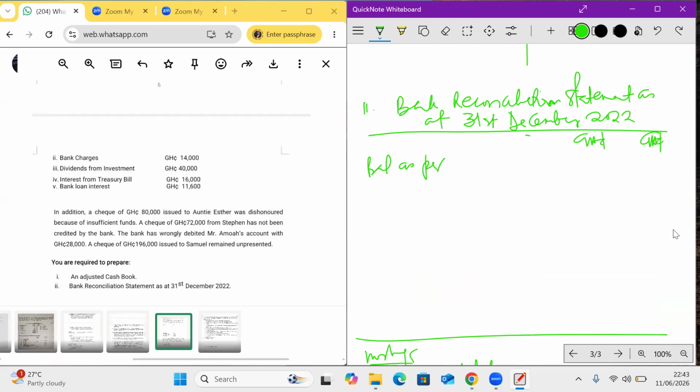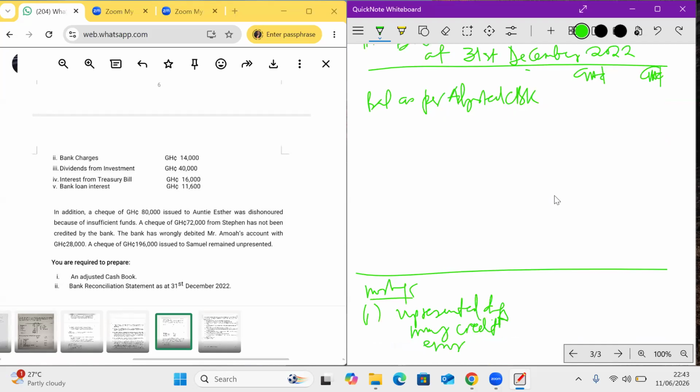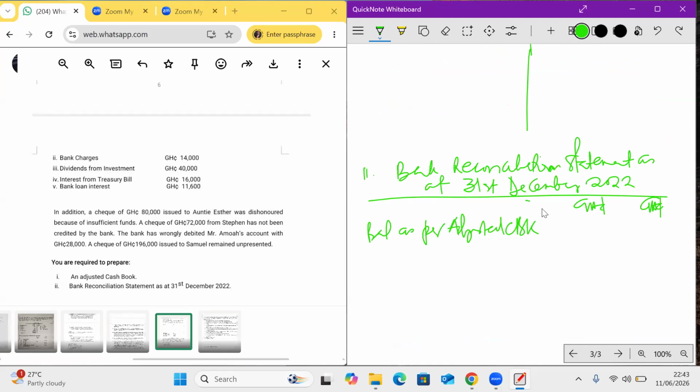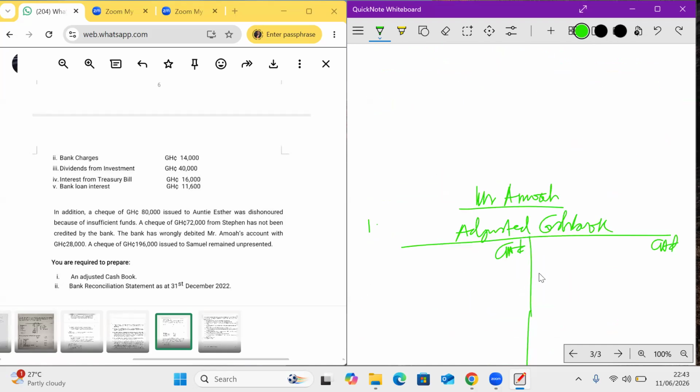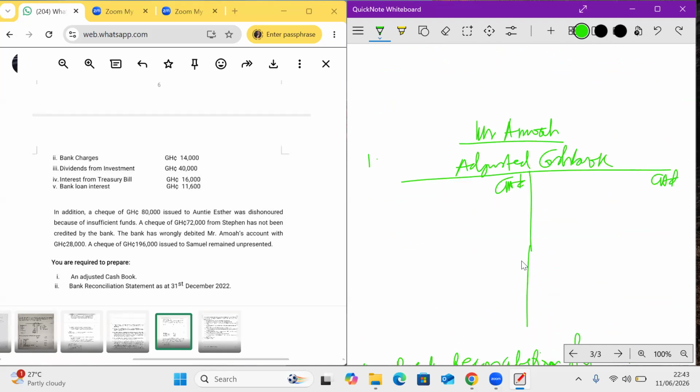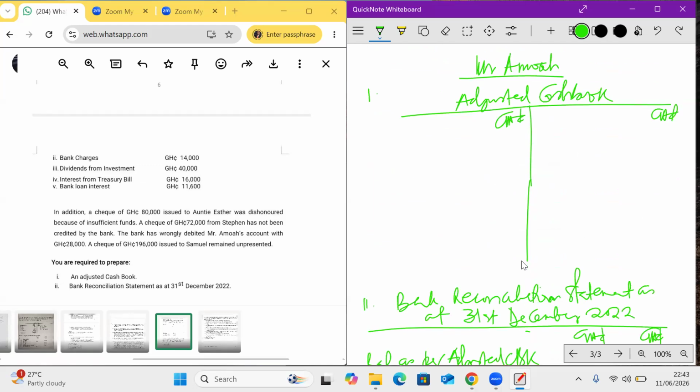Balance as per adjusted cash book. What next? I'm coming. I'm waiting. Then you start with the work. Okay, let's go.